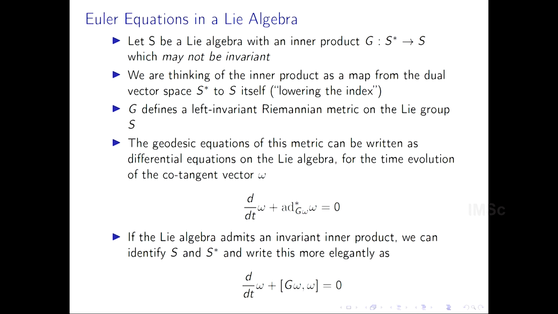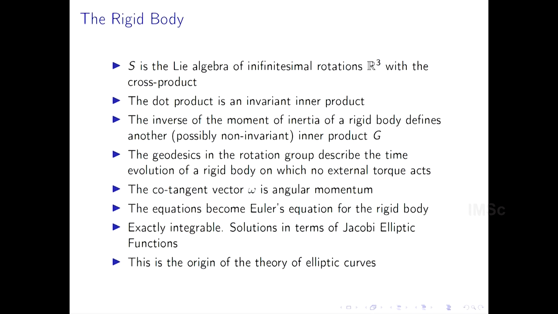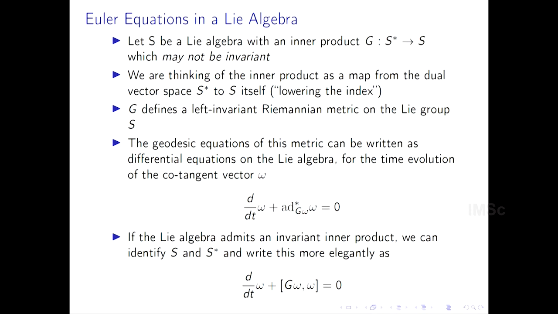The cotangent vector to the metric tensor is called omega, and the derivative of omega plus the nonlinear term that follows it is the co-adjoint action of g omega on omega. g omega is now an element of the Lie algebra, so it makes sense to ask how it acts on omega, and omega is an element of the dual of the Lie algebra, so that makes sense. So that is a nonlinear equation.